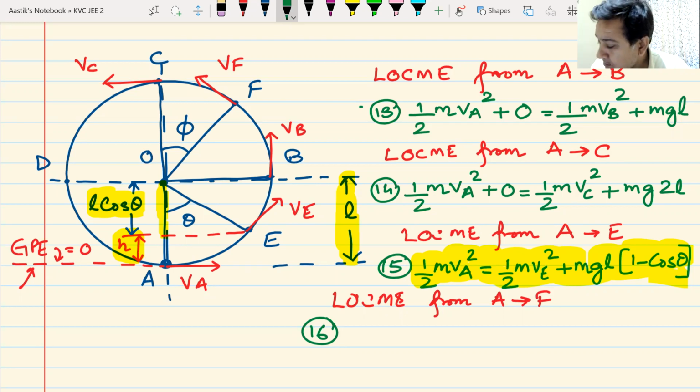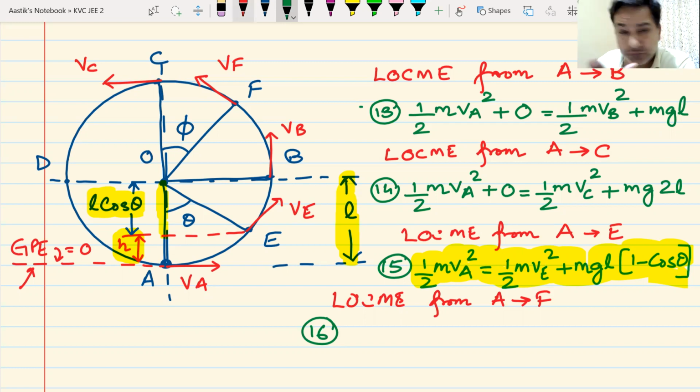Half MVA square is equal to half MVF square plus MGL into 2 minus sin phi. 2 minus sin phi, how come 2 minus sin phi? Okay, let us try it.